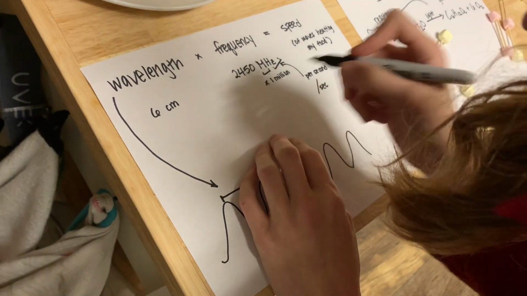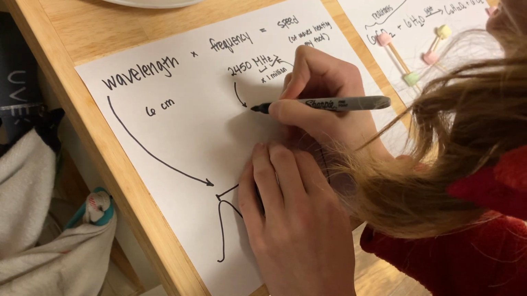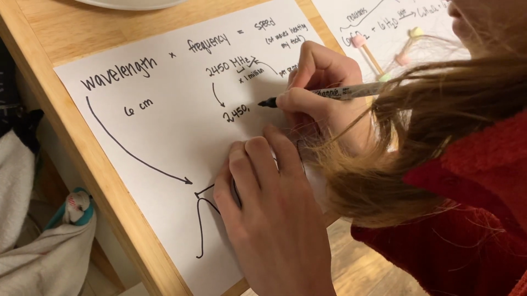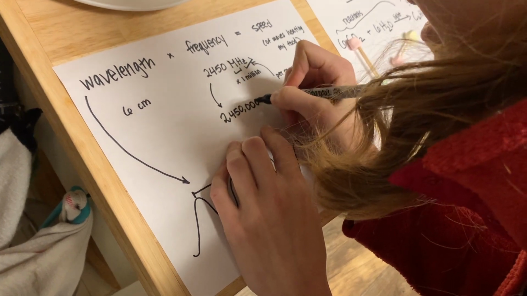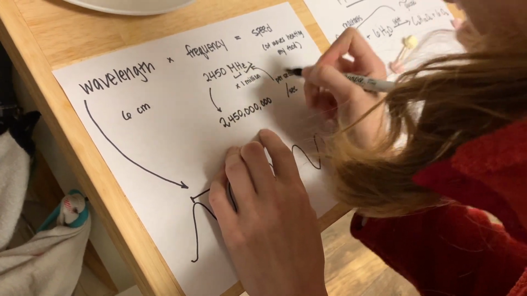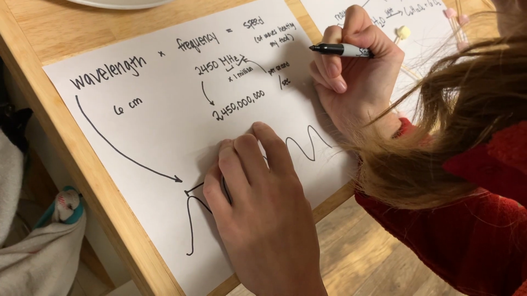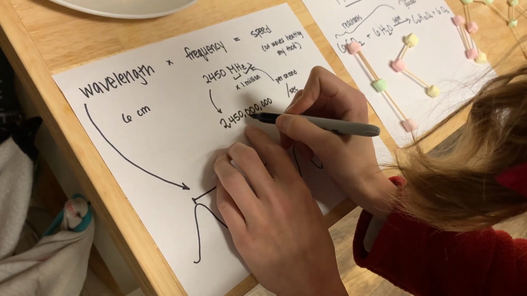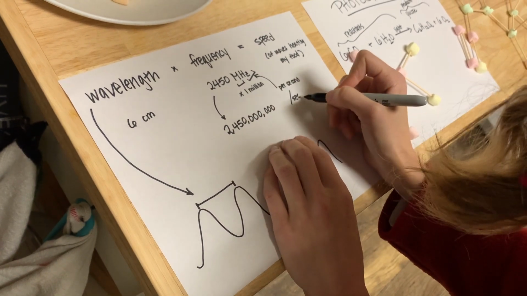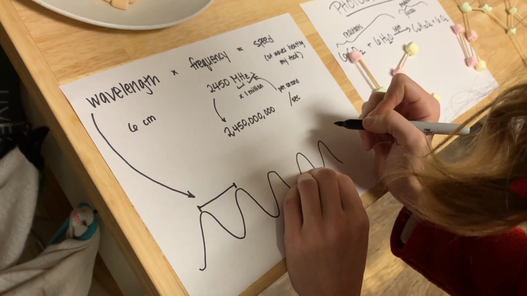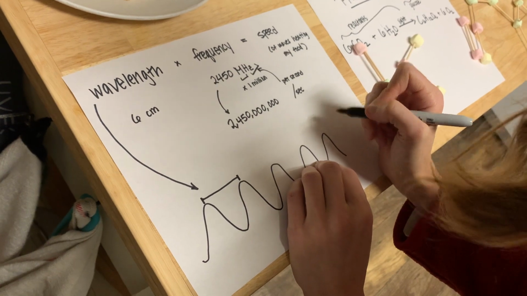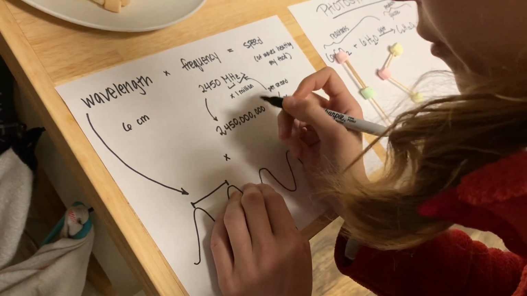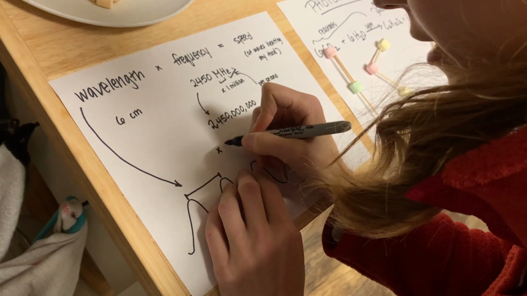Mega means times a million. So what I'm going to do is change this into 2450, and then I'm going to add 6 zeros to take care of my mega. That's my million. So it's going to be 2,450,000,000 per second. Okay. Now I need a calculator that can do these zeros. So I phoned a friend because my iPhone didn't want to.